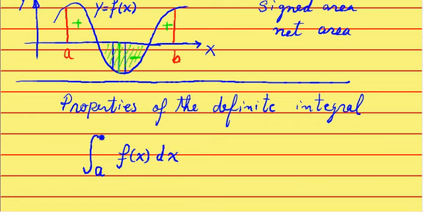Now suppose our starting place and ending place is the same place, that is B is same as A. What's going to happen to this integral? Well, pause for a moment, think for yourself what it's supposed to be. Maybe go back to some of the previous pictures and judge from that what the answer is supposed to be. There is a simple answer to this question. So pause for a moment and then come back.